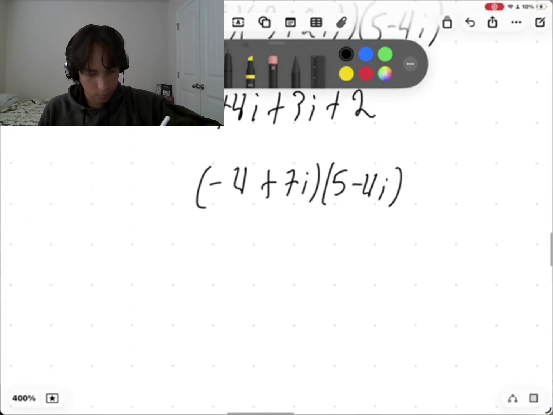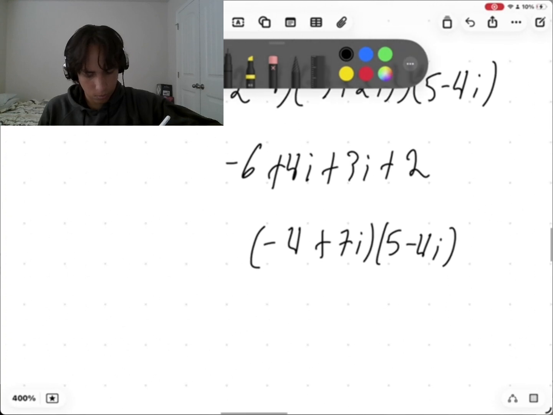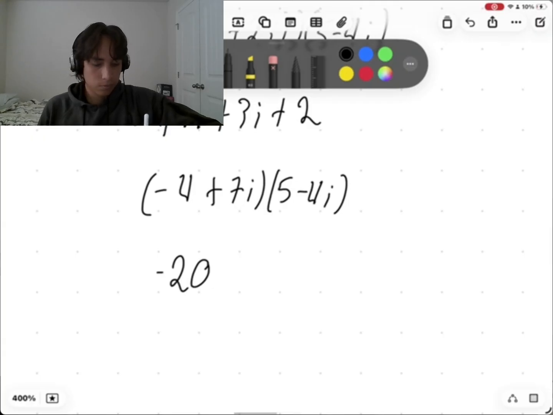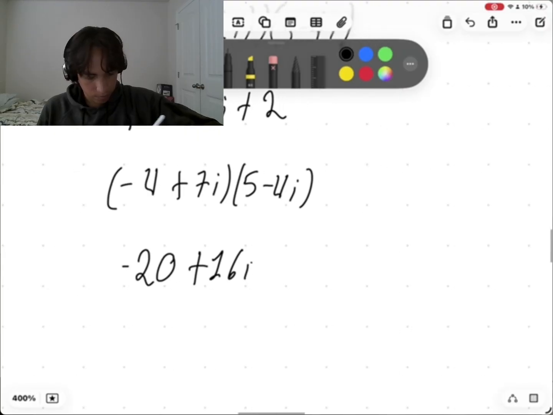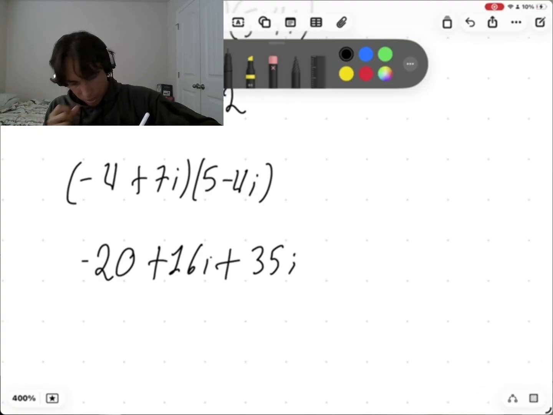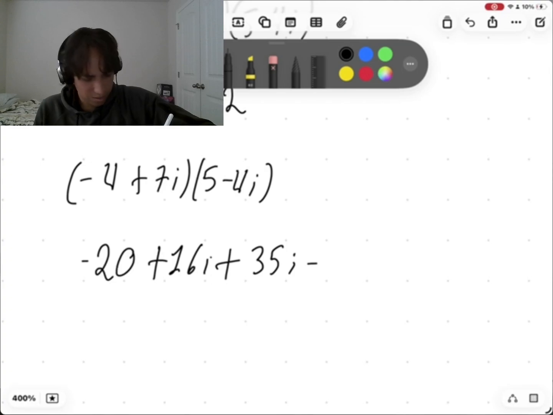Negative 4 times 5, negative 20, negative 20 plus 16i, plus 35i, and this is negative 16, right? Positive.